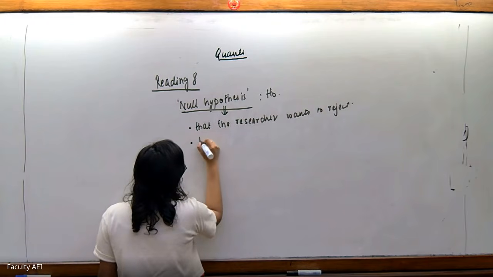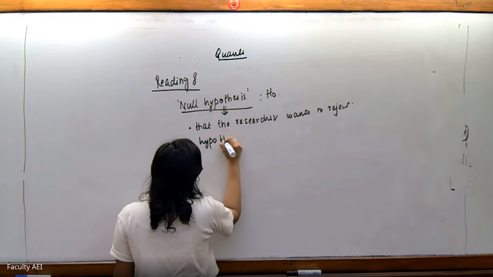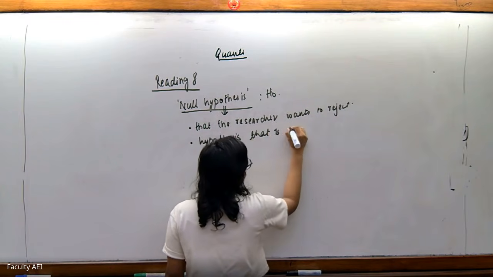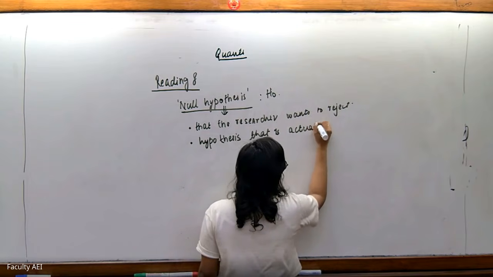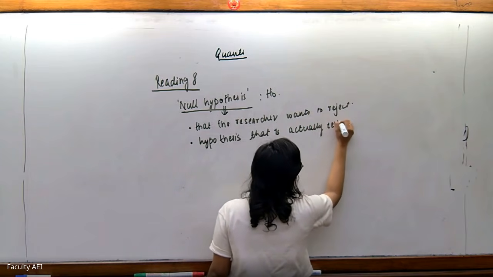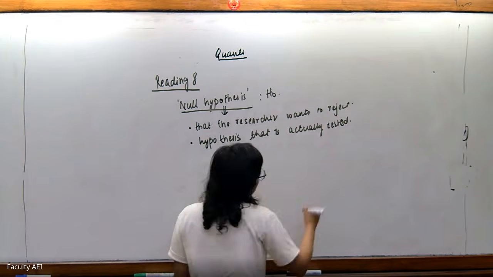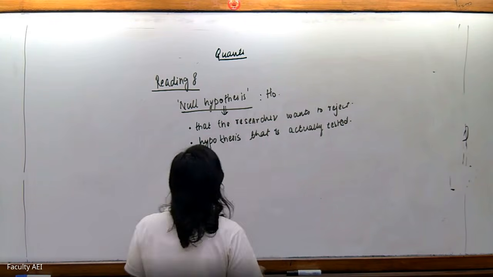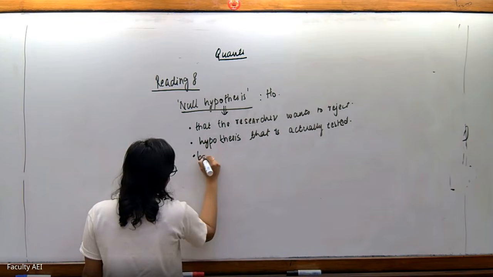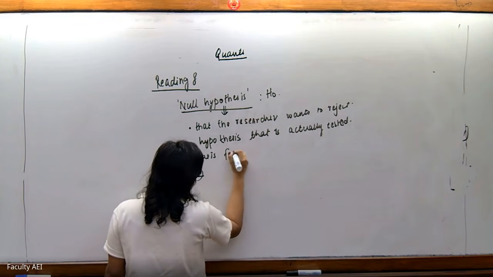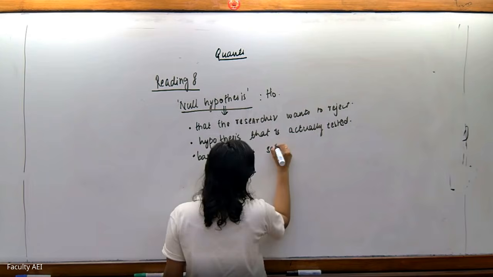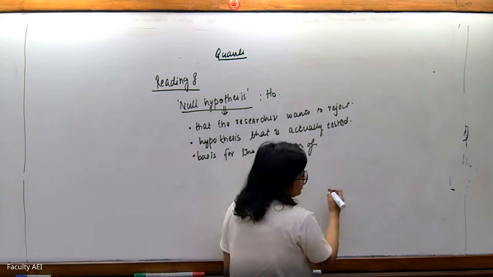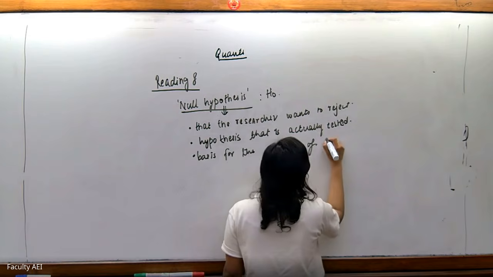It is the hypothesis that is actually tested. This is based on what you actually want to test. This is the basis for the selection of test statistics.